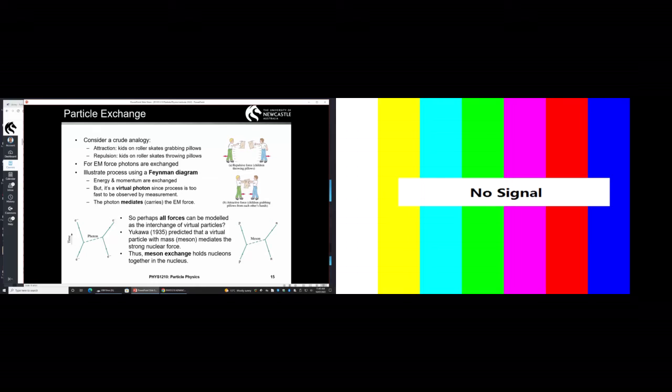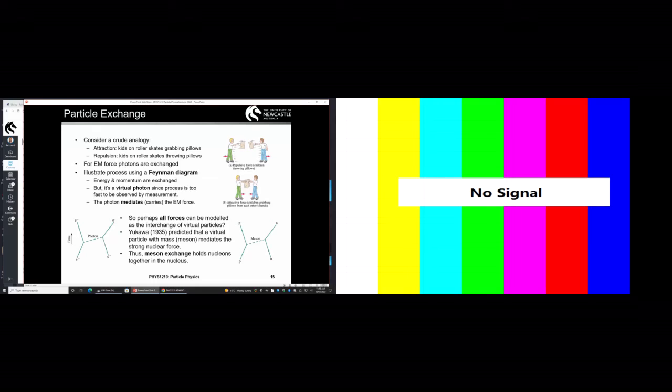So obviously, if we've got two electrons, and it's a repulsive force, then it's more like they're throwing the photon backwards and forwards, and that gradually pushes them away. In this way, we exchange energy and momentum between the two particles by exchanging some other particle.